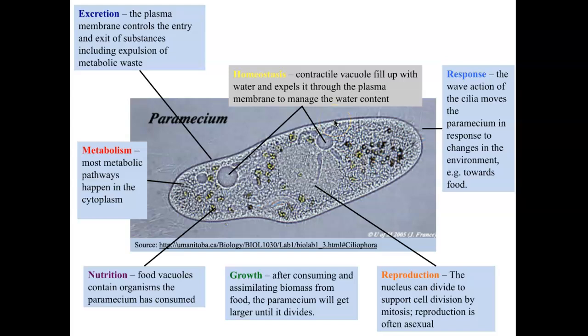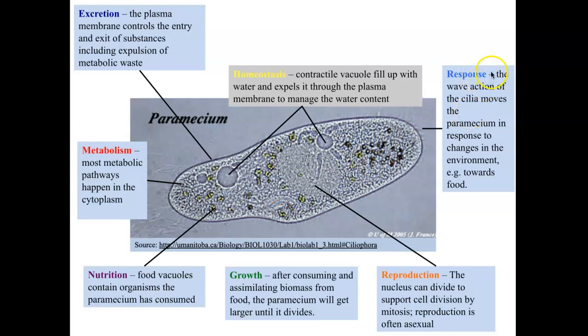So it's kind of like blowing up a balloon and just continuing to blow it up until it pops. But that doesn't happen because they have a special organelle called a contractile vacuole. What it does is pump and expel the excess water. That way it's able to maintain the proper volume ratio that it needs to live well in the water.